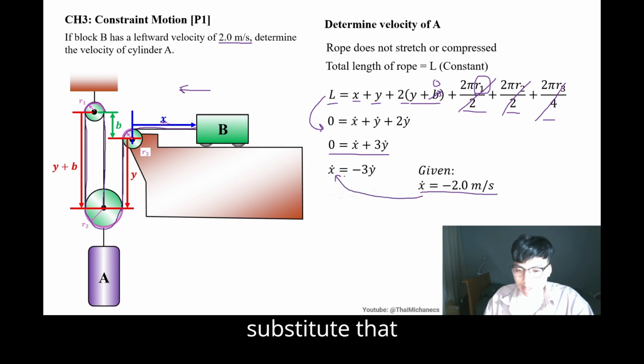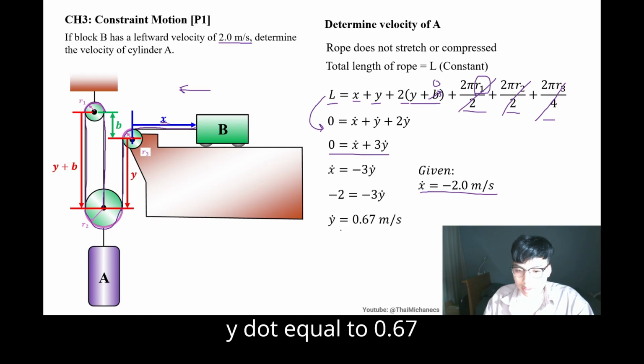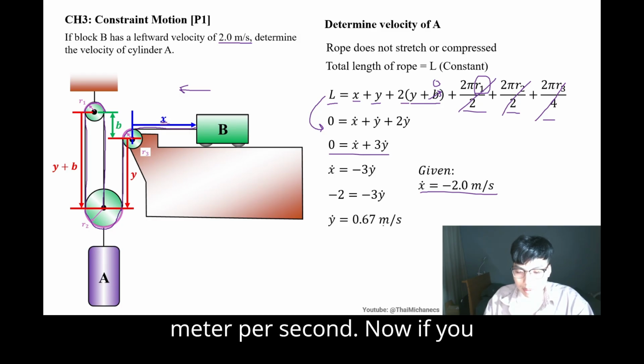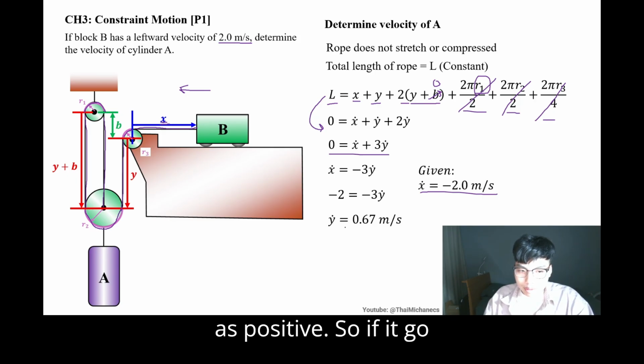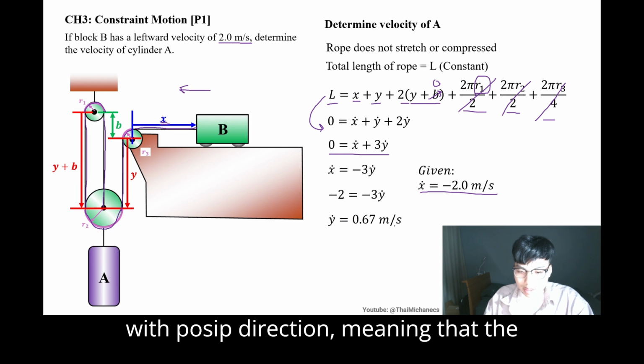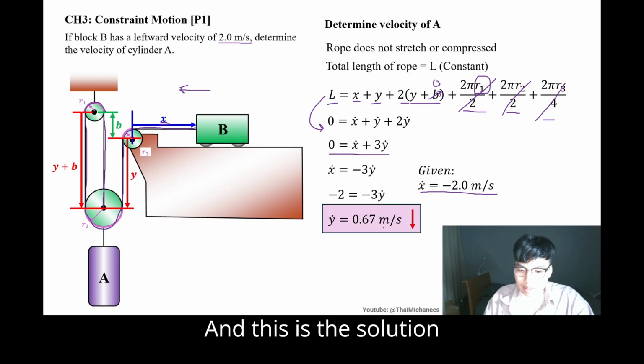So minus 2 equals minus 3y dot, and finally y dot equals 0.67 meters per second. If you look closely, I assigned y downward as positive. So it goes in the positive direction, meaning that cart A is going downward. And this is the solution of this problem.